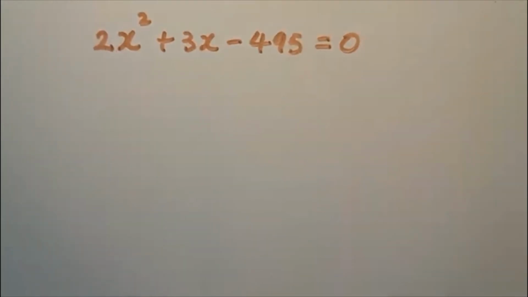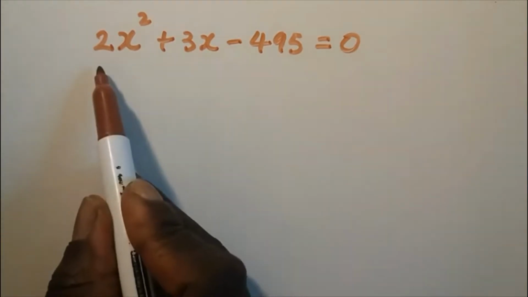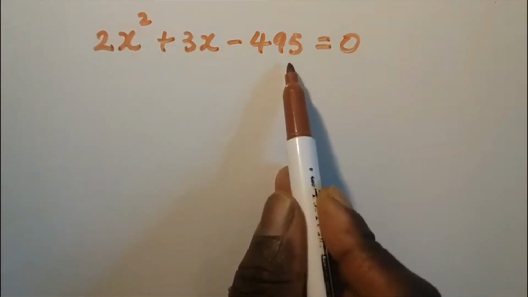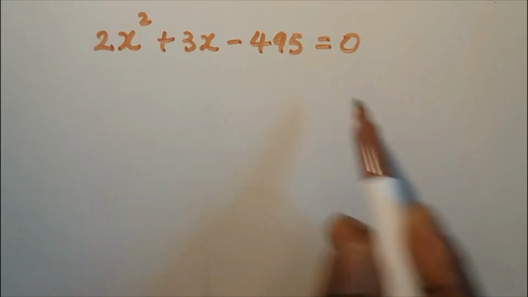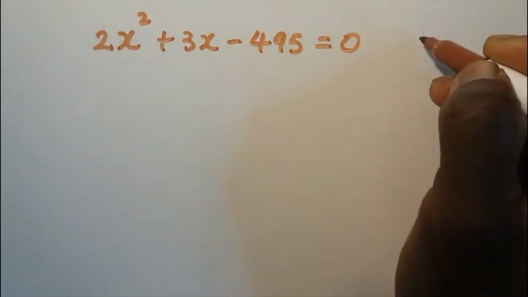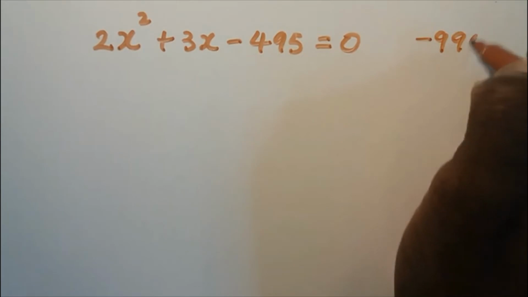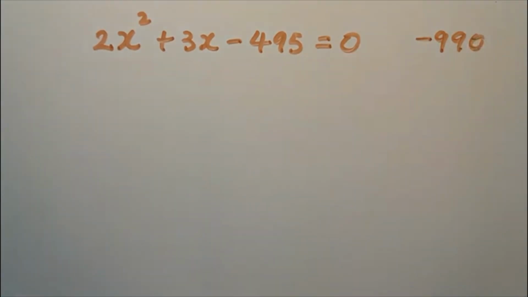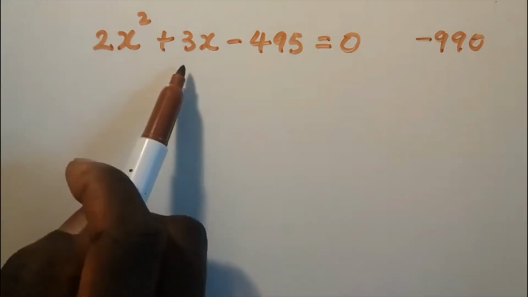Now if we find the product AC, it will give us 2 times minus 495. That gives us minus 990. So we need to find two numbers that when multiplied will give us minus 990, and when added will give us the coefficient of x, which is 3.